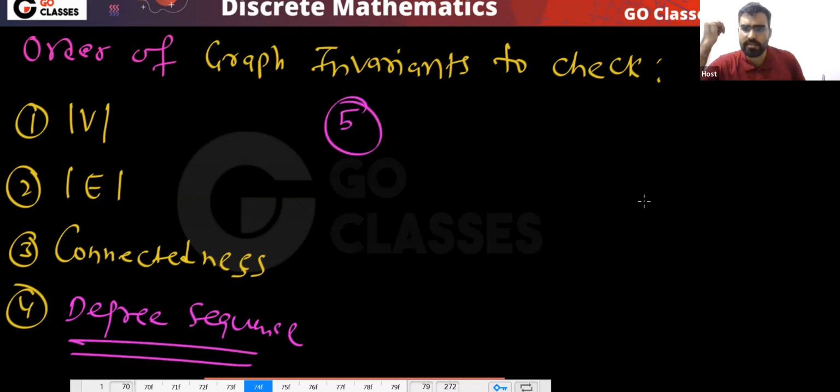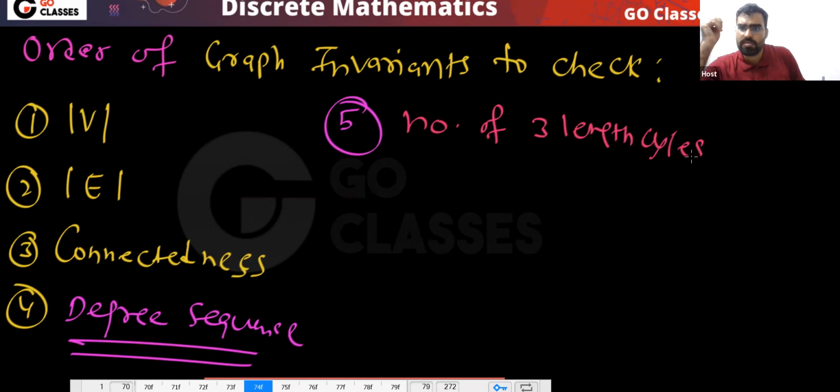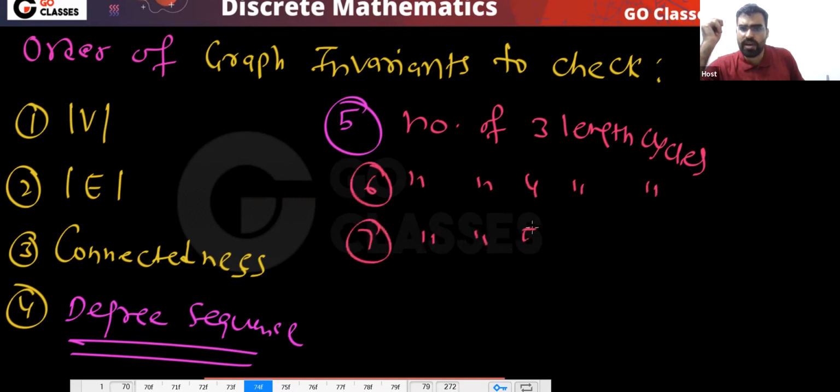Then you check the number of 3 length cycles, then the number of 4 length cycles, then maybe the number of 5 length cycles, something like that. Basically, I think this will be enough.